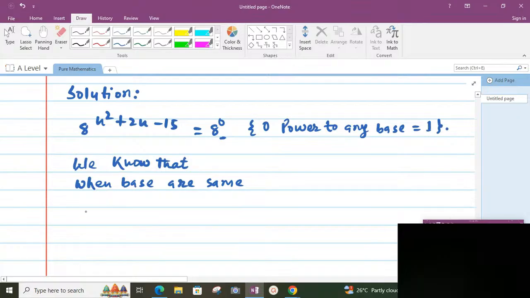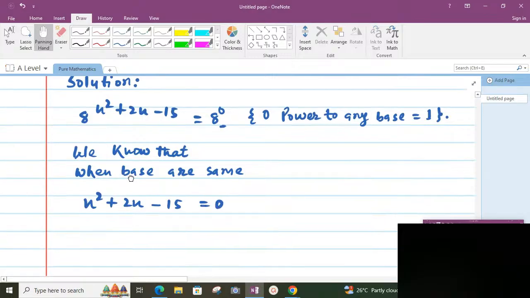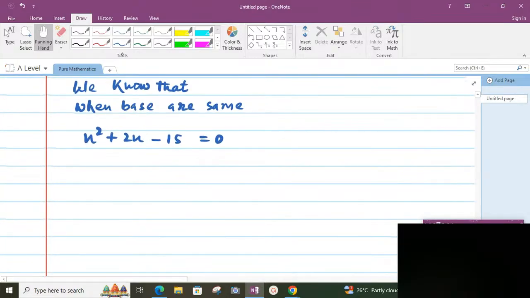So here will be x square plus 2x minus 15 equal to 0. Hope there is no problem to understand up to this step. Now we split 2x so that the multiplication will be minus 15 and subtraction will be 2x.